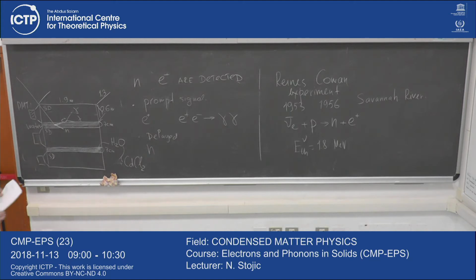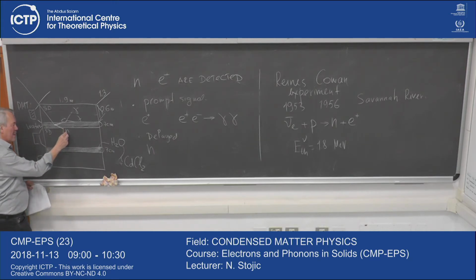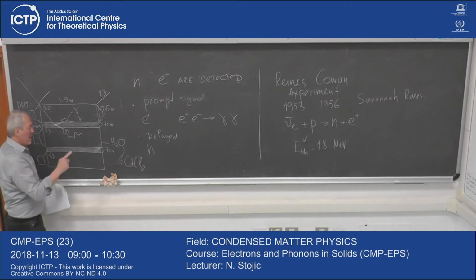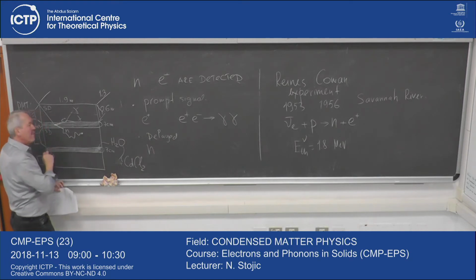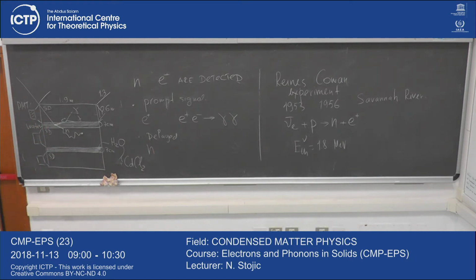So what is the neutron doing? A neutron is actually a nasty object because it is chargeless, and so it has many scatterings. But cadmium is nice because it very efficiently captures the neutrons, not even water, but cadmium most probably.